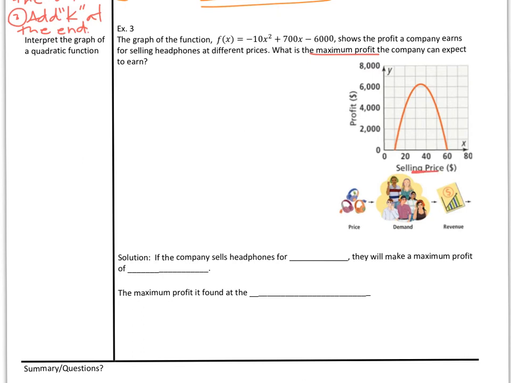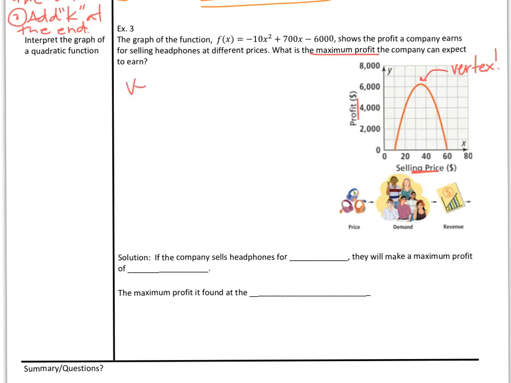And on the y-axis, that's the profit that they make. So it looks like it's somewhere right around that location at the top. That would be the highest point. To figure that out, that would be the vertex of our quadratic function. So let's see if we can determine the vertex, and that would give us that maximum output. It looks like it's pretty close to $6,000, but let's see for sure.